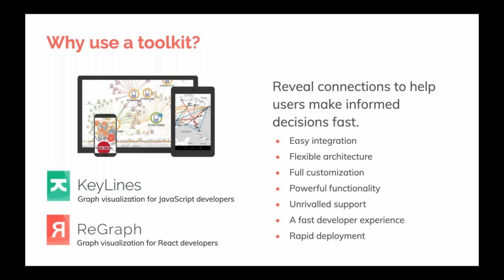Now, Keylines is a product that we have had for many years now, and is a toolkit for building web applications using JavaScript. ReGraph is a toolkit for building graph visualizations using the React framework, which ultimately is JavaScript, but because it is a layer that sits on top of JavaScript, many React developers don't think in the same way as developers who are writing applications using native JavaScript.